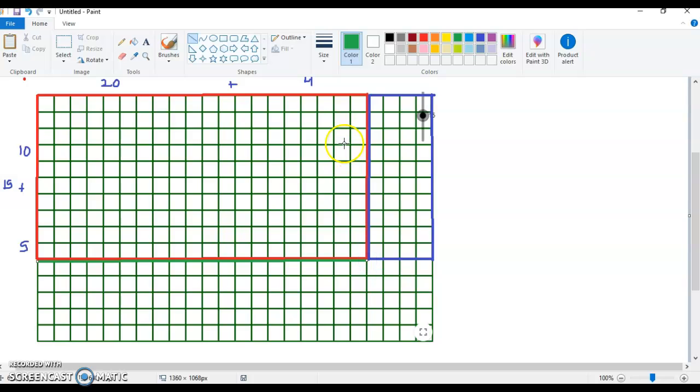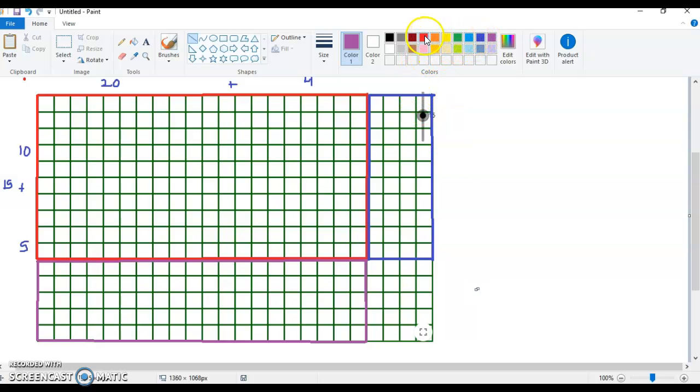I shouldn't use green, because the array is already green. Let's do purple. So I have 20 there. I go 5 down there, 5 down there, and across like that. I need one more to finish the array.